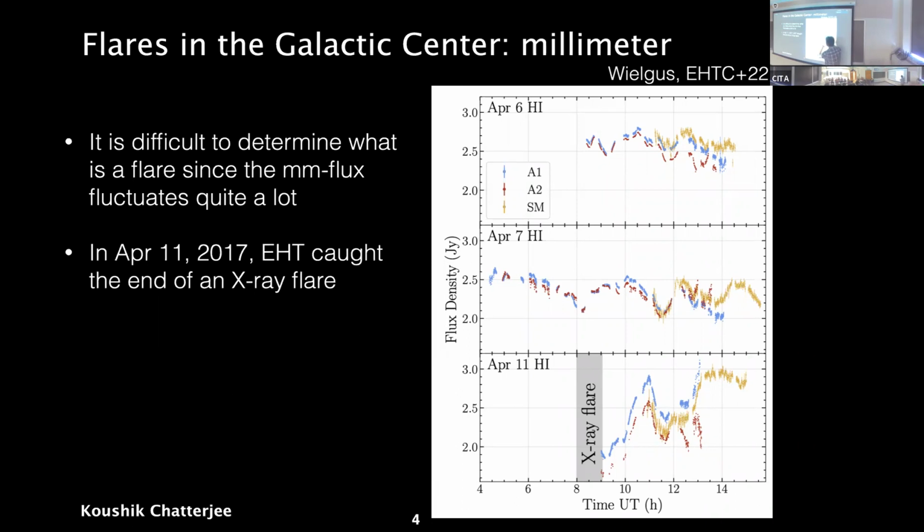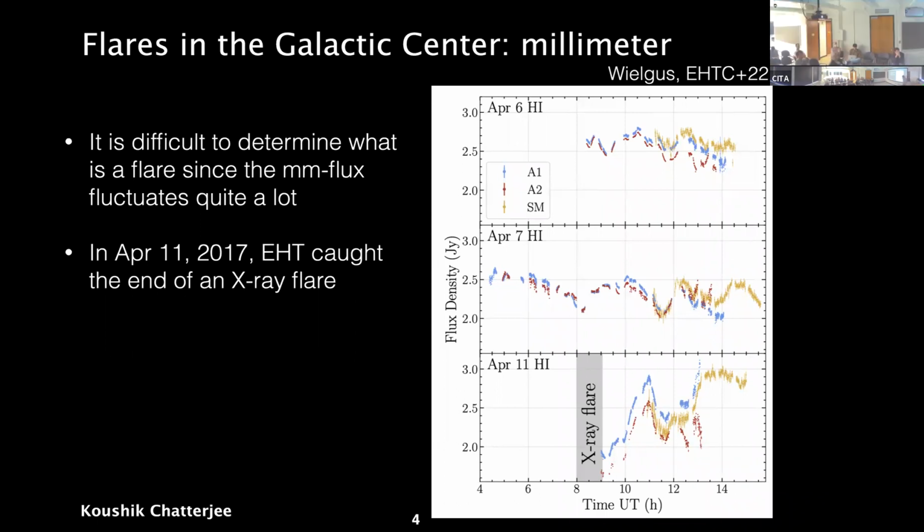And basically, it's very hard to say what exactly a flare is when there are these constant noisy fluctuations. In the X-rays, it's very prominent, where you have this quiescent level, which you know, and then you see maybe a jump by an order of magnitude, but it's never the case in the millimeter.